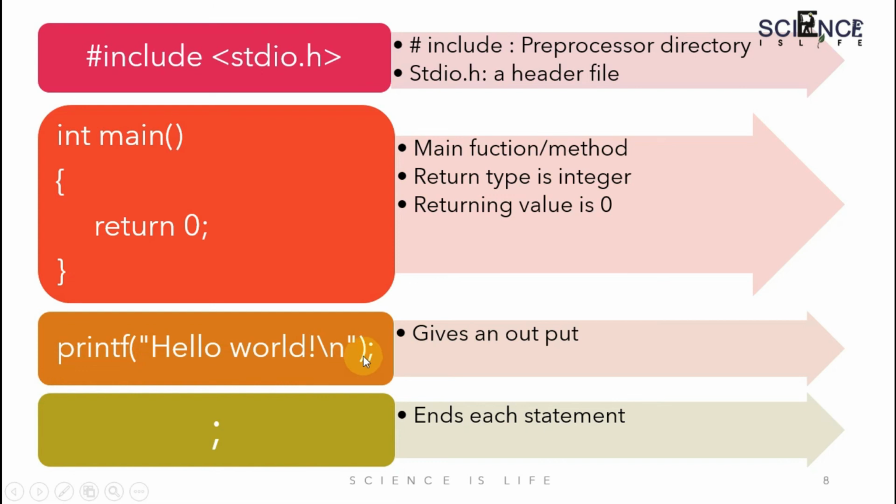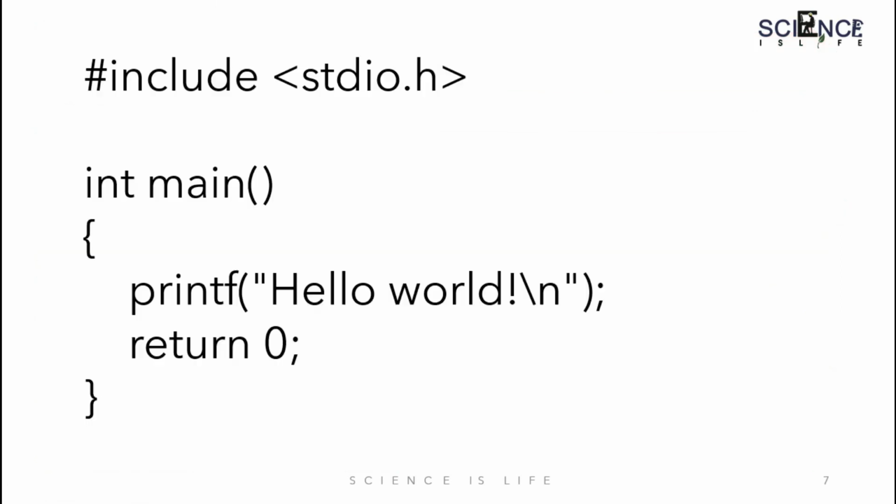That means this statement ends here. We mention by putting a semicolon that the statement has ended. So return 0, after return 0 also we have used a semicolon. That is the only thing we need to know about this simple C program.